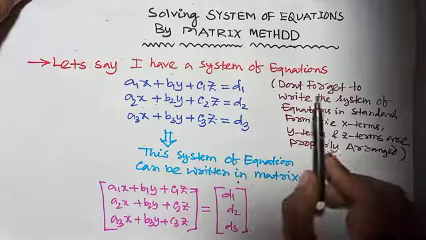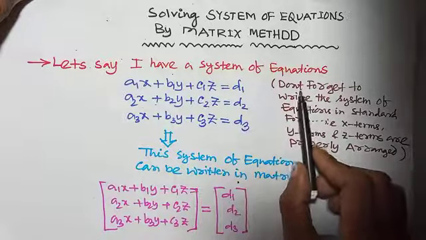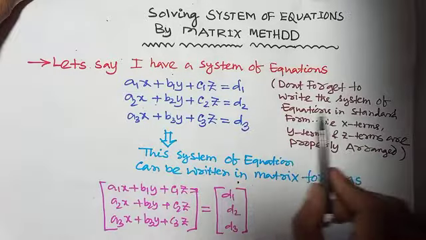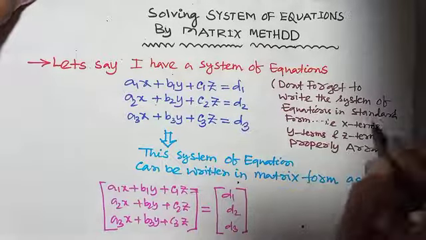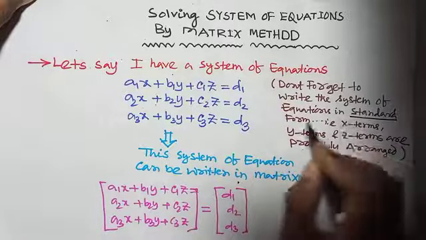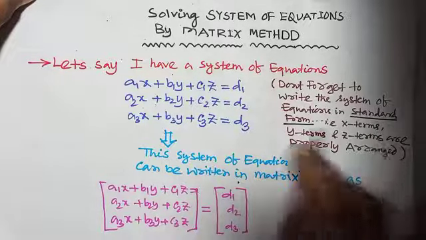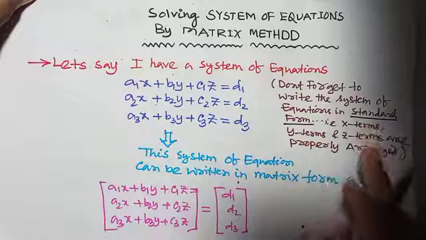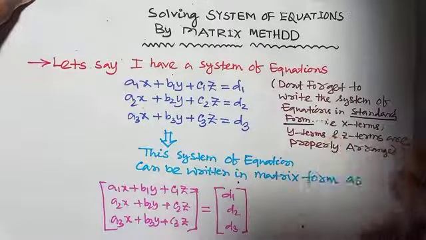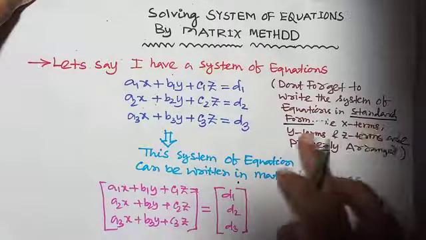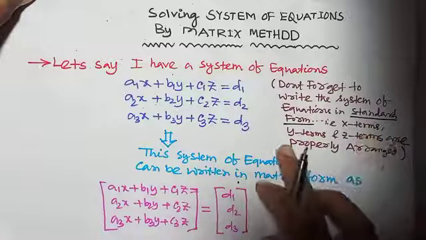So here is a very important point. Don't forget to write the system of equations in standard form. This is our first task. Standard form means the x terms, y terms and z terms are properly arranged.